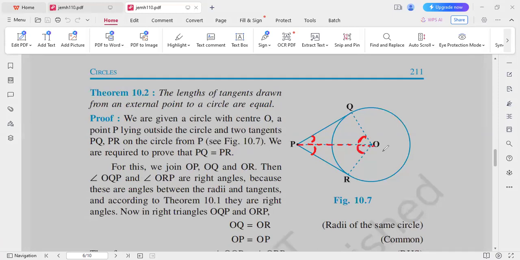Will you remember this theorem? First was that the lengths of the tangents are equal. That means PQ is equal to PR. Second is that, of course, because this is the radius and this is the tangent, the angle will be 90 degrees.